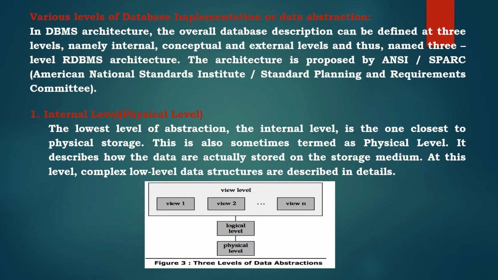It describes how data are actually stored on the storage medium. At this level, complex low-level data structures are described in detail. How data is going to be organized is decided in the physical level.